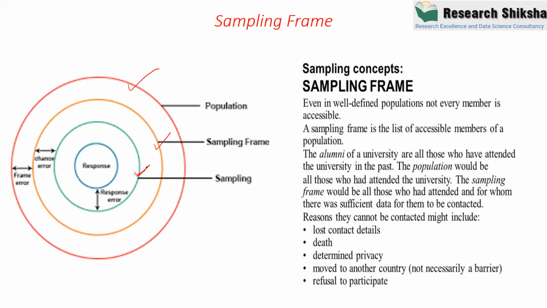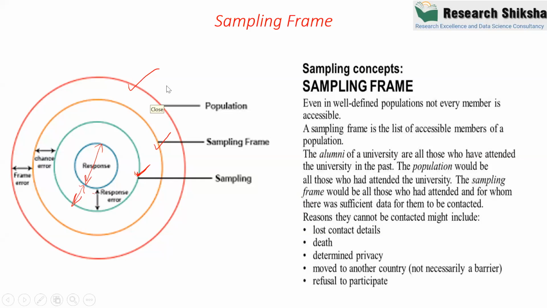Within the sample, there are many people who do not give responses, and I can get responses from only some of them. This is called response error. Normally if you request 100 people to respond, only 20 of them will respond, so this response error is very high in studies.